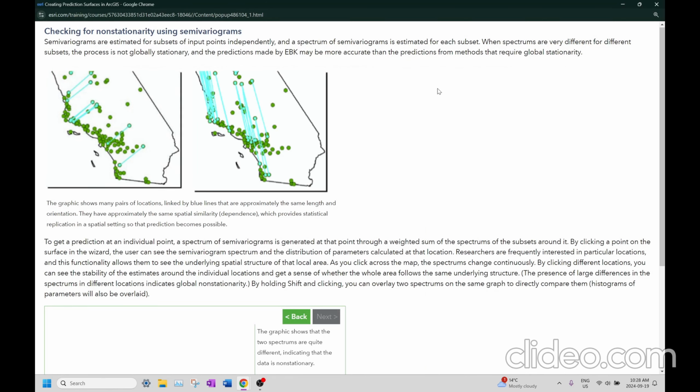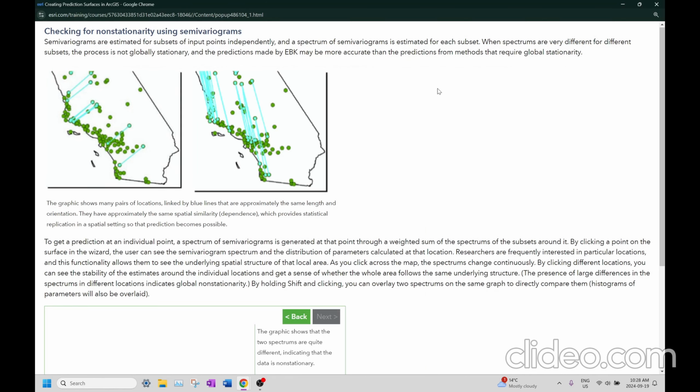After generating the interpolation surface, you can click different points and compare their semi-variogram spectrum. If they have a roughly coincident spectrum, that means the two locations have the same autocorrelation structure. But if different points have different spectra, that means there's local non-stationarity.